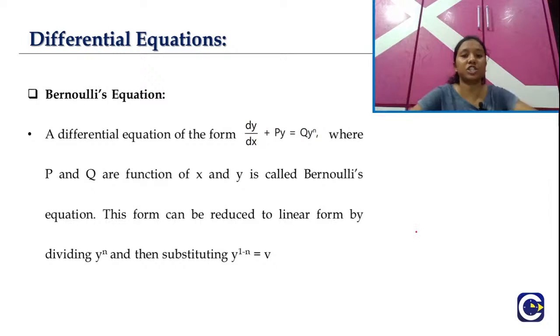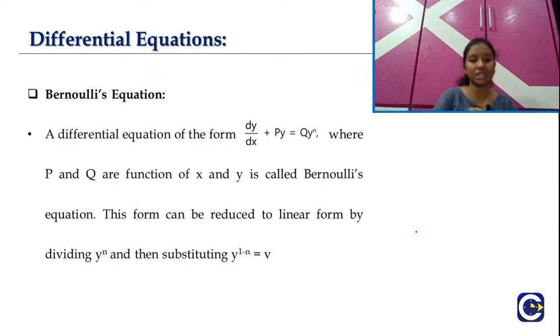So now, as I mentioned, we are going to discuss Bernoulli's equation. This Bernoulli's equation is somewhat related to our linear one also. So we are going to solve this by reducing it into the linear form in order to find the solution. First, let's have an idea of the general standard form of Bernoulli's equation.